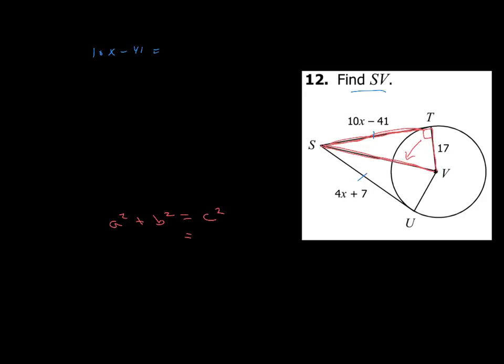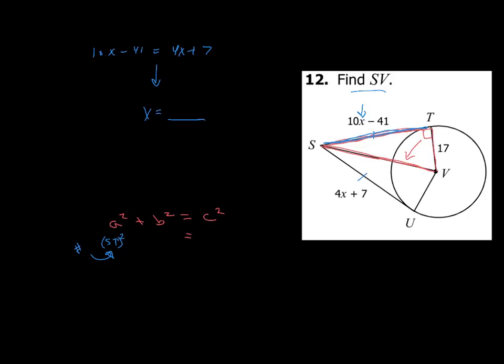So first things first, if congruent, set the terms equal. So 10x minus 41 equals 4x plus 7. I'm going to go through the algebra and arrive at a value of x. Now I'm going to take that value of x and substitute it in right here, and that will give me the length of ST. ST squared, of course, you're going to actually place the length of ST, right?